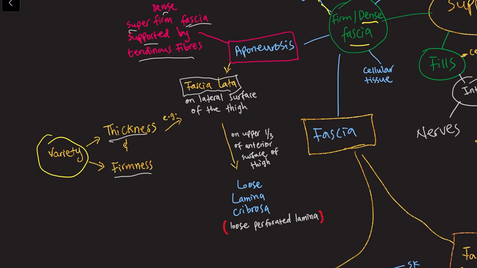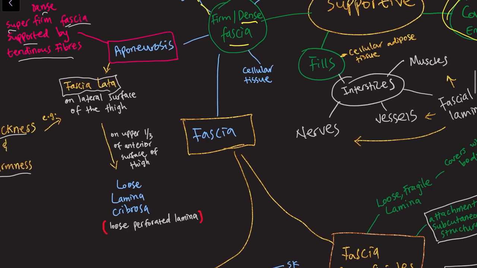For example, on the lateral aspect of the thigh, the aponeurosis is known as fascia lata. However, when you move to the upper third of the anterior surface of the thigh, then that fascia becomes loose lamina fibrosa. In other words, the loose perforated lamina.